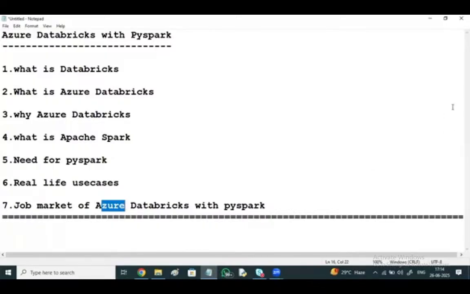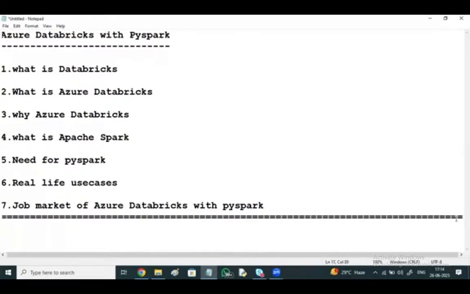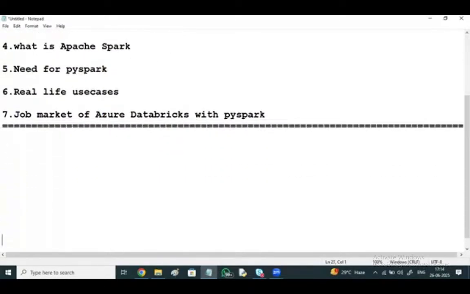What is Databricks, and what is the difference between Databricks and Azure Databricks? Generally, Databricks provides a Spark cluster.